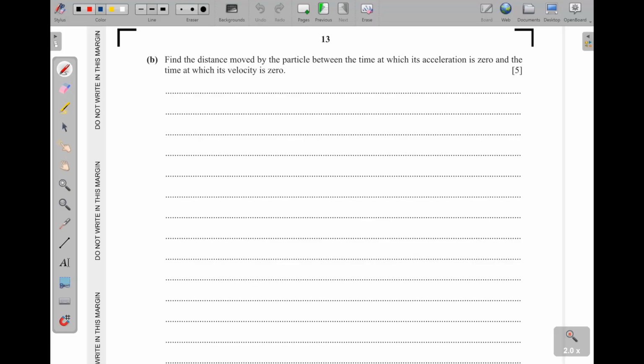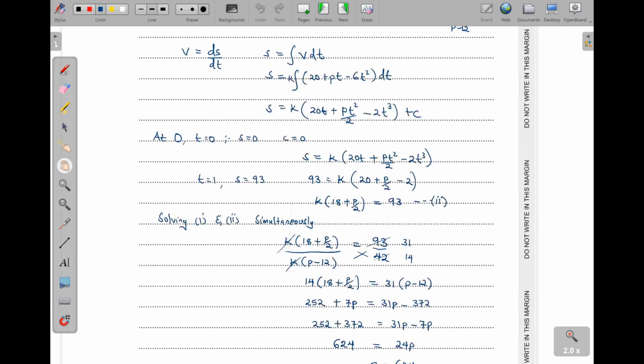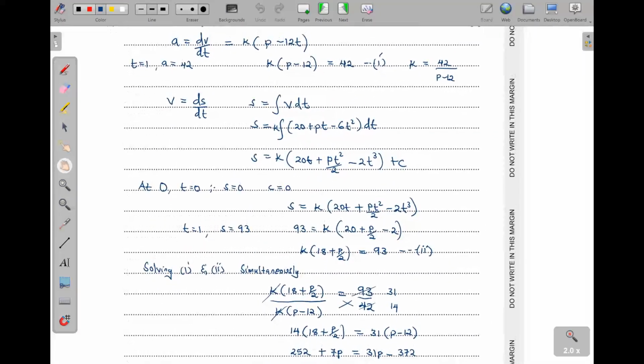Then the last question, part B: find the distance moved by the particle between the time at which the acceleration is 0 and the time at which the velocity is 0. Now, when acceleration is 0, remember acceleration is equal to dv/dt. So what did we get as our dv/dt? From here, when we differentiated, it is k into p minus 12t.